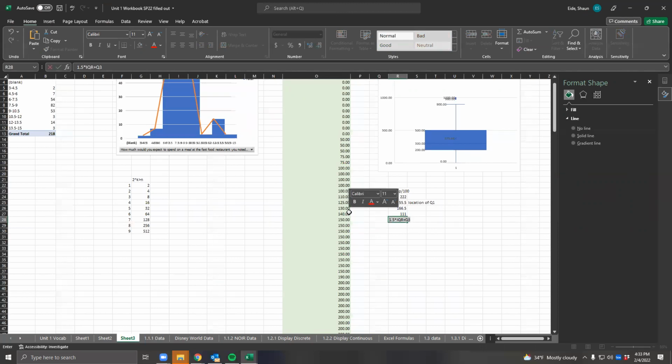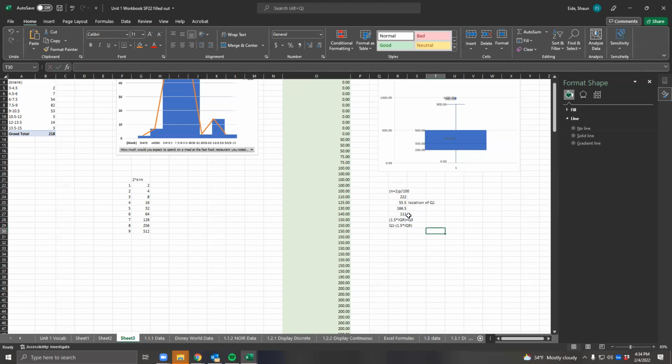And then you can do the same exact thing for the lower, except you're doing Q1 minus 1.5 multiplied by the IQR.